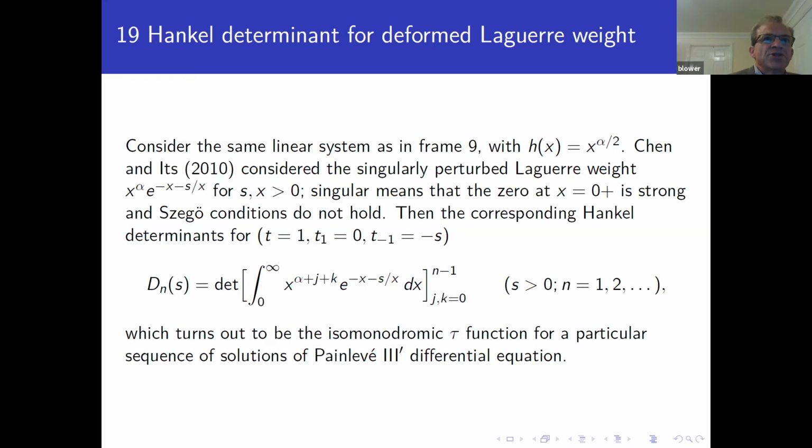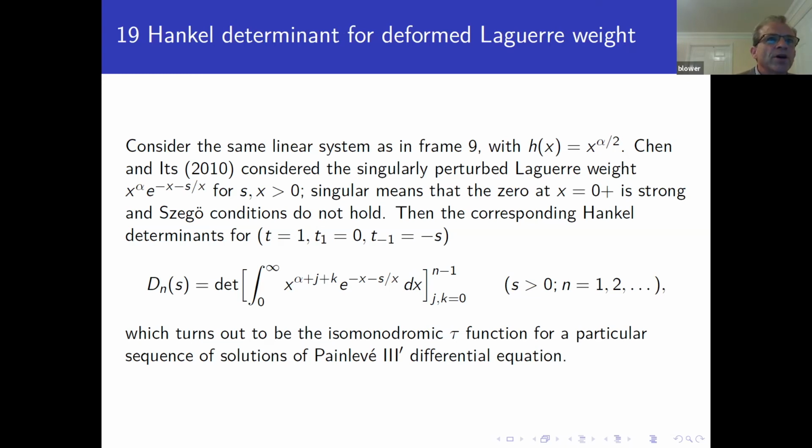Now they carried out an analysis of the Hankel determinants, and I'll just take t equals 1, t1 is 0, and t minus 1 is minus s. So we get something of the same kind of character as we had before, except that now I'm treating the main variable as being this t minus 1 is minus s, and the other ones are fixed.